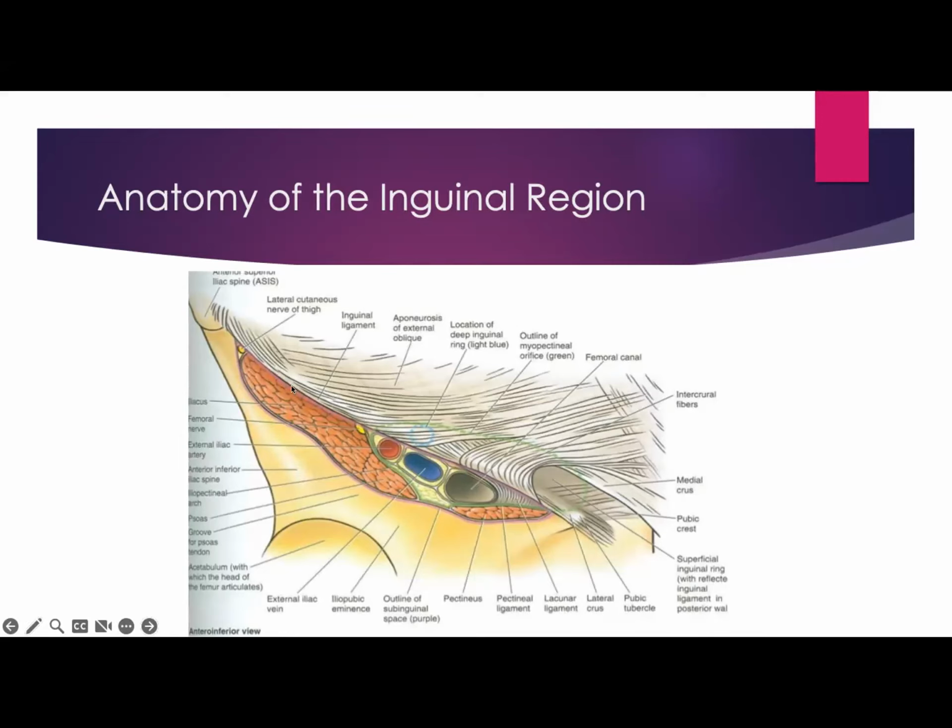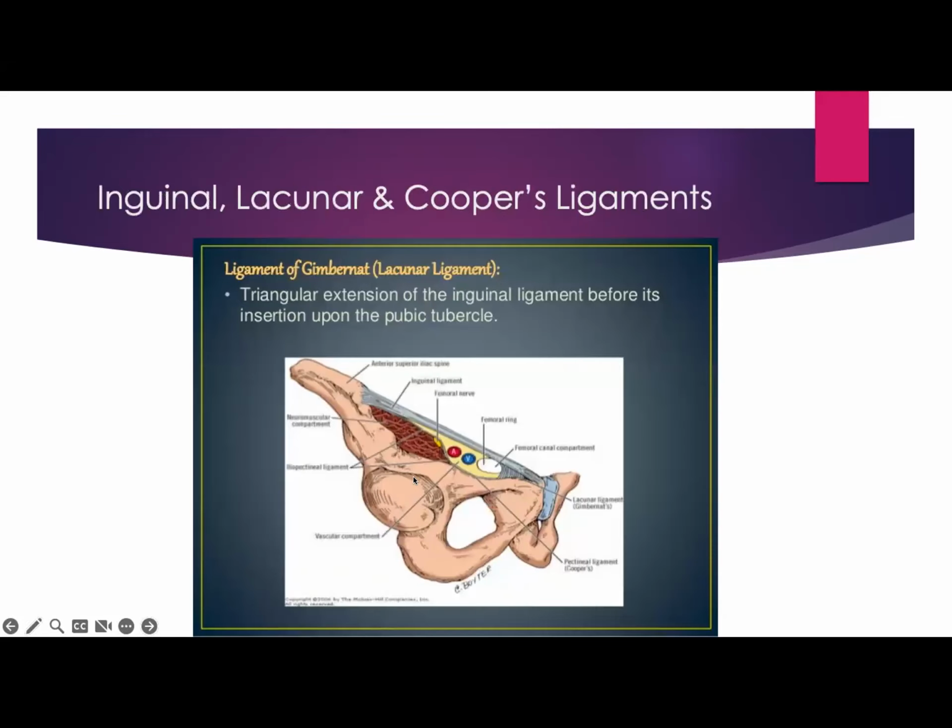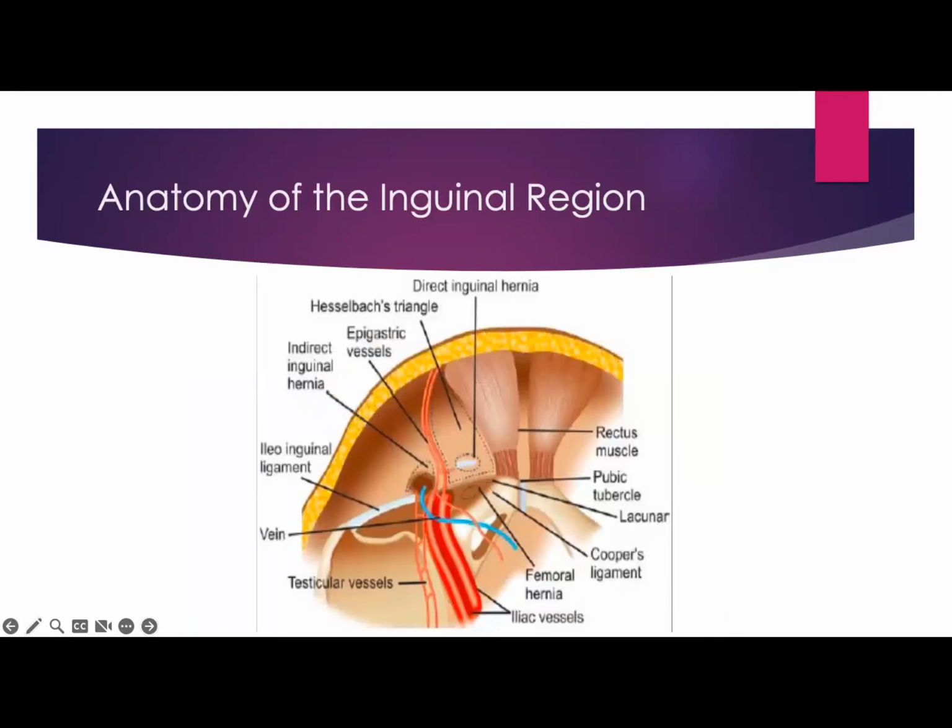And later we have the external iliac vein, and with that we have the femoral vein, femoral artery, and then femoral nerve. Okay, so always remember the borders of the femoral canal: the lacunar ligament is the medial most, and lateral to that we have the femoral vein. So this is also another image with the same concept.